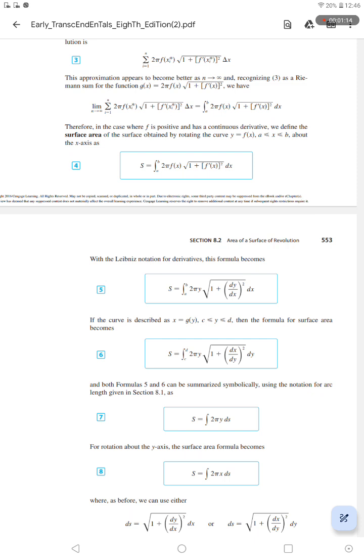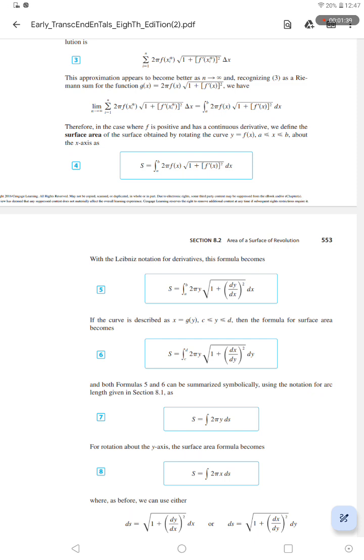Therefore, in the case where f is positive and has a continuous derivative, we define the surface area of the surface obtained by rotating the curve y equals f of x, a is less than or equal to x, and x is less than or equal to b, about the x-axis.